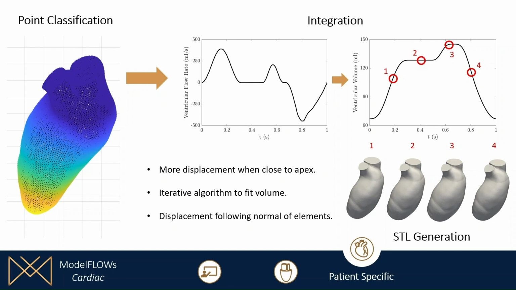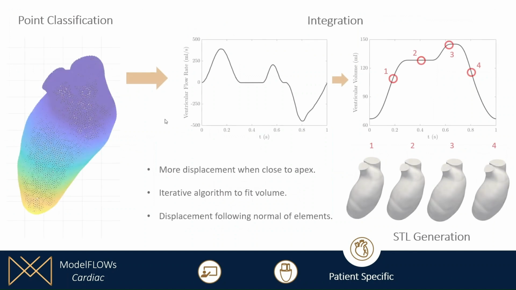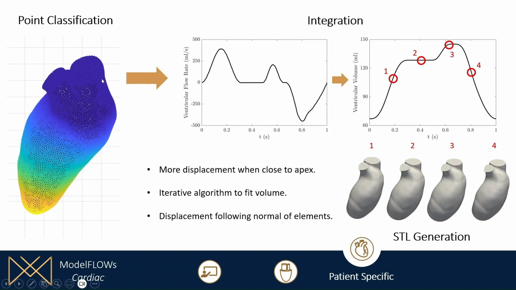In this case, for our left ventricle, the script will be really similar, but in our point classification, we are going to define that the inlet and outlet area up until Z0 is not moving, and then the displacement will grow when we approach the apex. But again, the methodology is the same.